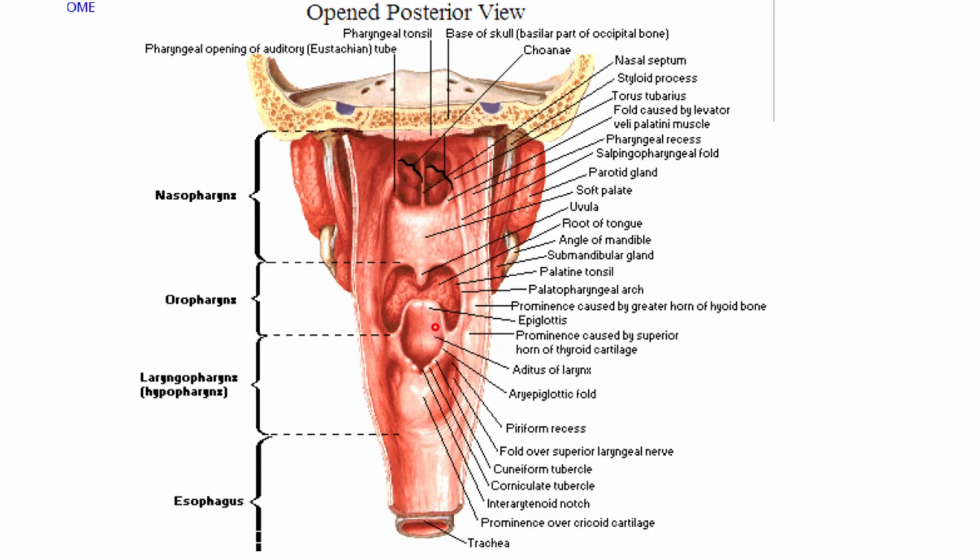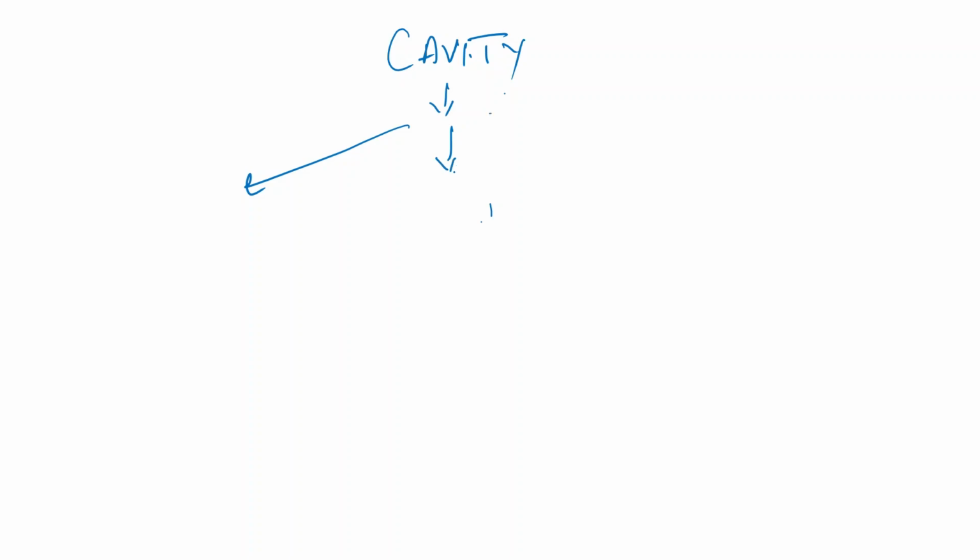Now, when we look at the cavity of the larynx, the entire cavity is divided into three parts by two folds, called the vestibular fold and the vocal folds.